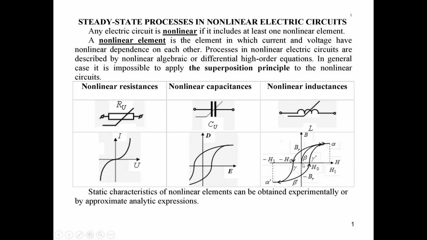At first it goes by such a curve, then it goes by a curve here in this way, when the applied magnetic field strength is lessening up to negative values, and then it goes by such curves. It is a really complicated case of nonlinear elements.